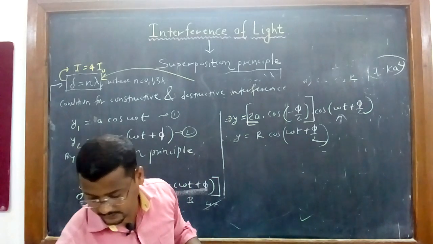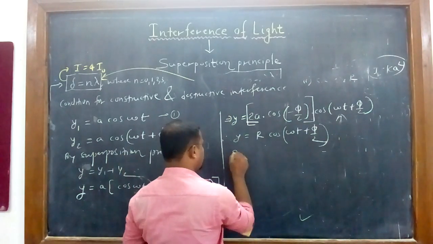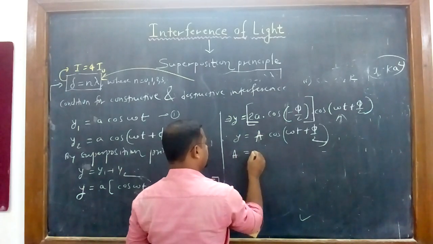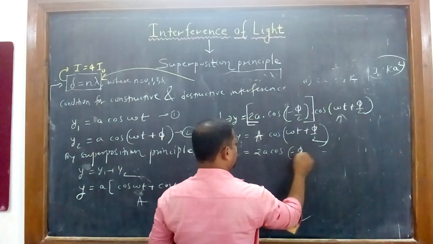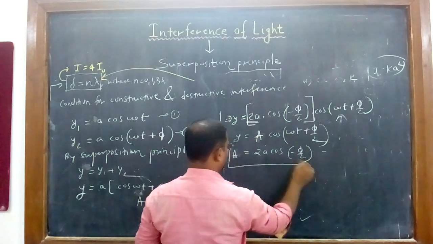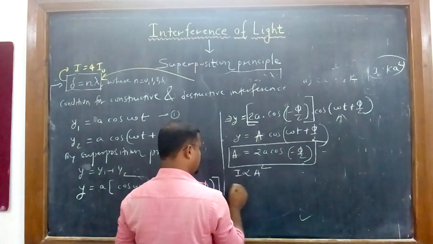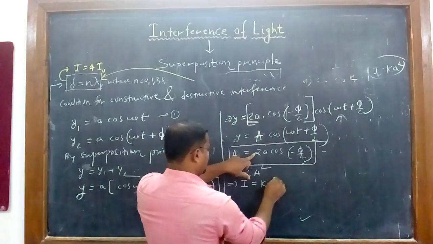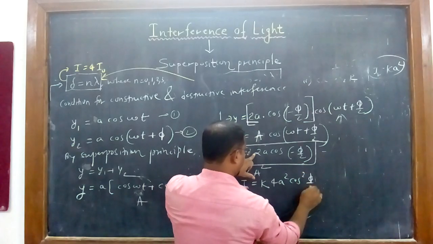So here we can write the amplitude, or you can write a capital A. This capital A is equal to the amplitude of the given wave, which is equal to 2a times cos of minus phi by 2, and the intensity of this resultant wave is directly proportional to A square. So this implies I is equal to k into A square, means what? 4a square into cos square phi by 2.